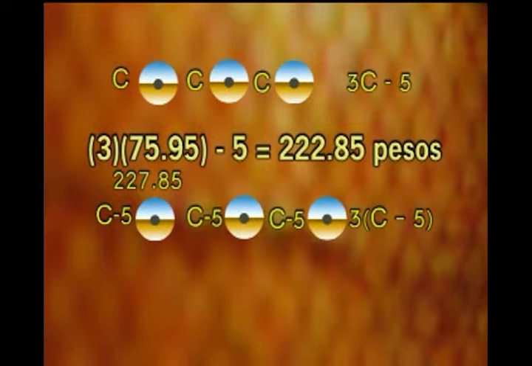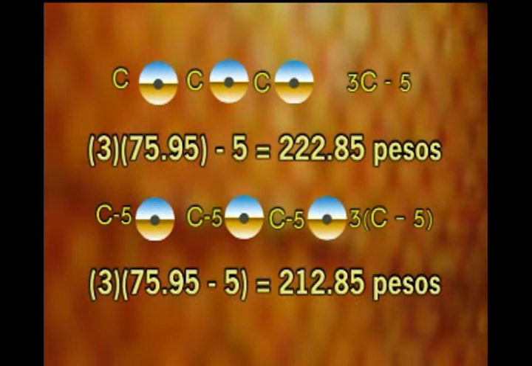Substitute 75.95 pesos for C. 3 times 75.95 minus 5 pesos. 227.85 minus 5 is equal to 222.85 pesos, the total price. For the other expression, subtract 5 pesos from 75.95 pesos first, before multiplying by 3. We can get a cheaper price from this deal.